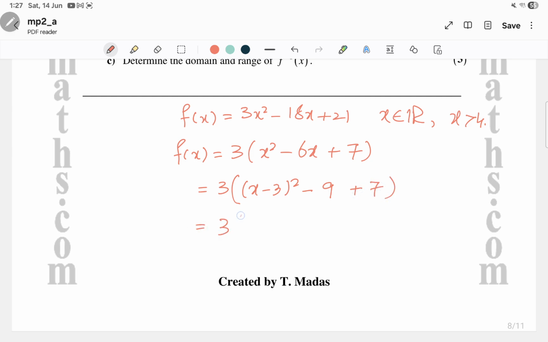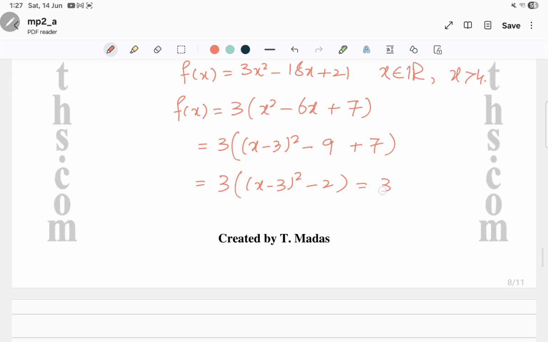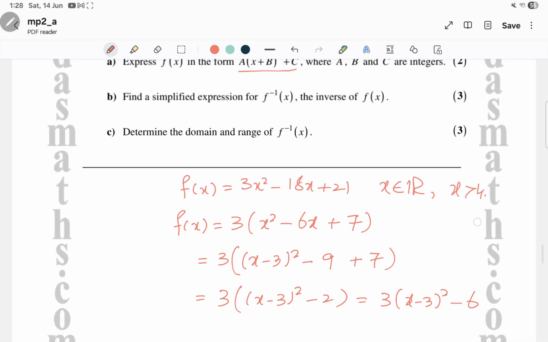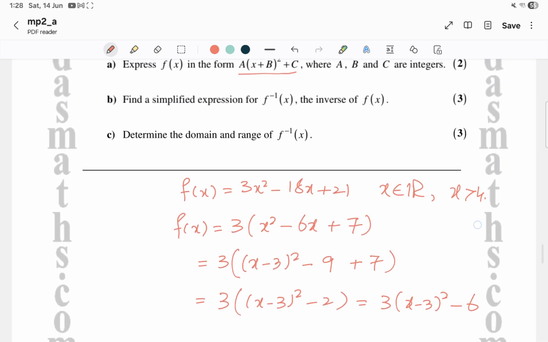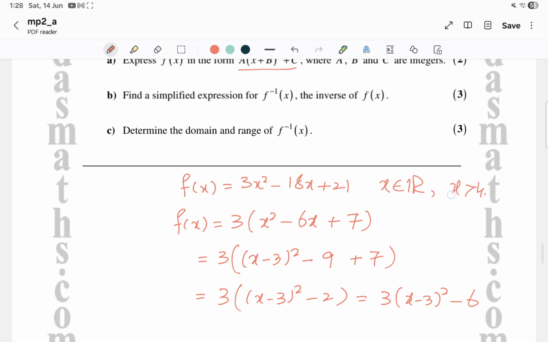So we have 3 times (x minus 3 whole squared minus 9 plus 7, which is minus 2), and if you take 3 inside now, it will be 3 times (x minus 3) whole squared minus 3 times 2, which is 6. So if you compare this with the given form, a is 3, b is minus 3, and c is minus 6.